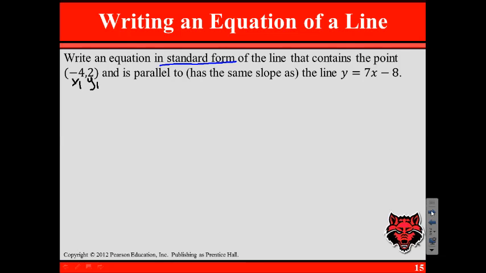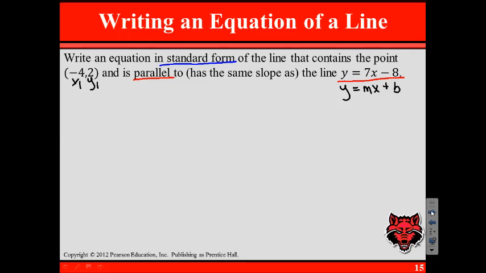Now remember, in every other example, we have needed a slope and a point. We already have a point. We've labeled it. We're going to use the information that we are parallel to this equation, y equals 7x minus 8, to find the slope. The first thing we need is the equation given to be in slope-intercept form, y equals mx plus b.